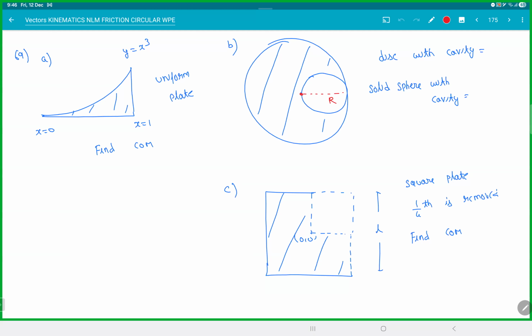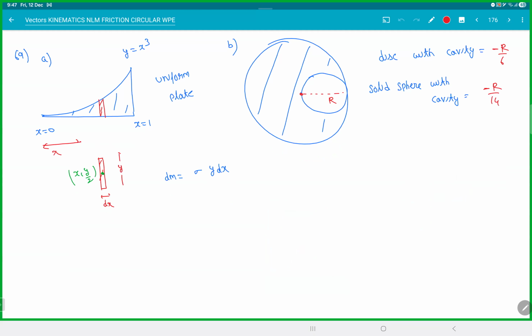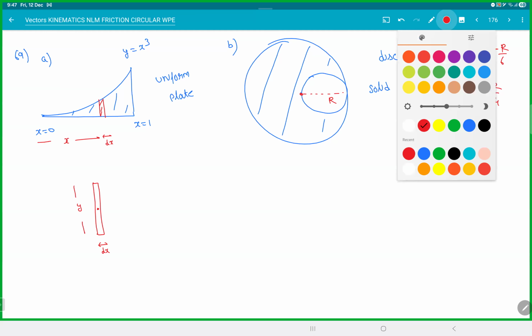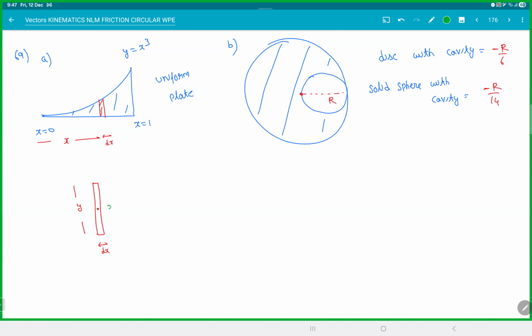Let's see how to find the center of mass of that one. See how to find the element here. At a distance x, take a dx. You get a thin rod. For this thin rod, this is dx and this is height y, so the center of mass will be at x comma y by 2.